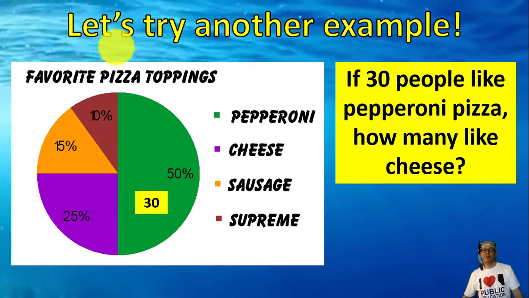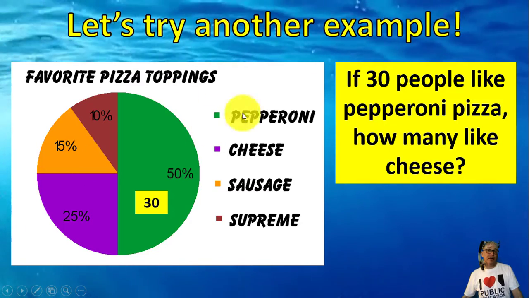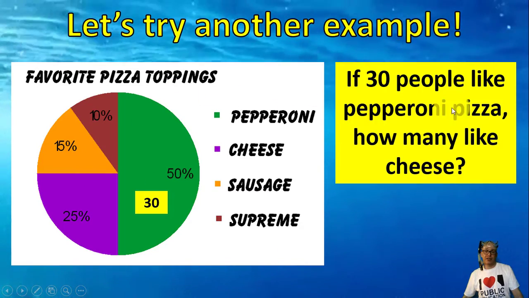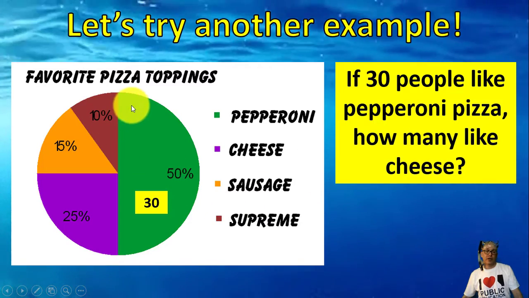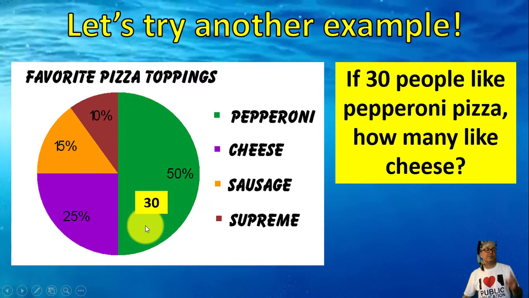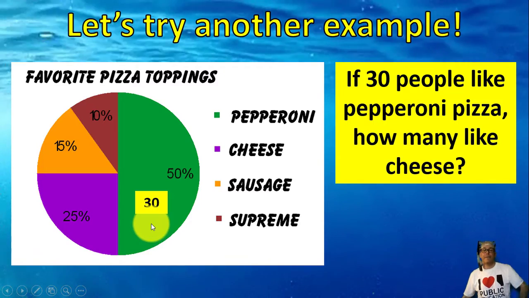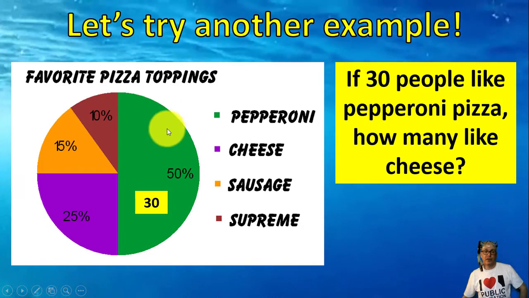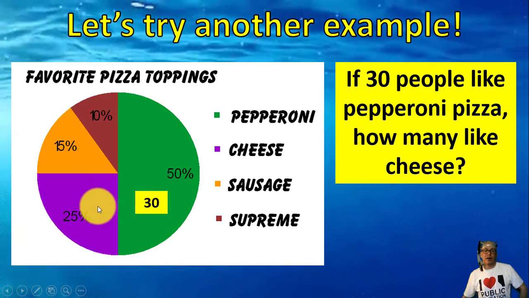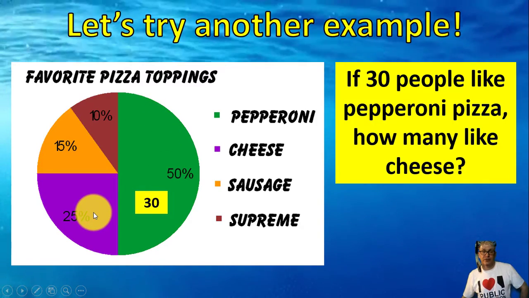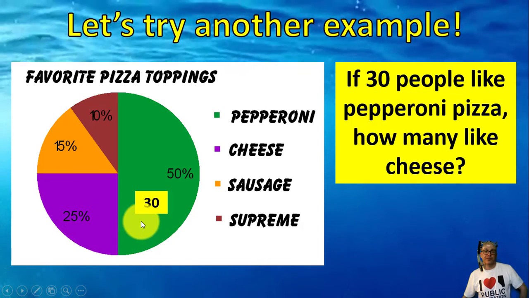Okay, here's a question. If 30 people like pepperoni pizza, how many like cheese? So here, the green, just think that 30 people like pepperoni. How many then like cheese? How many like the purple?